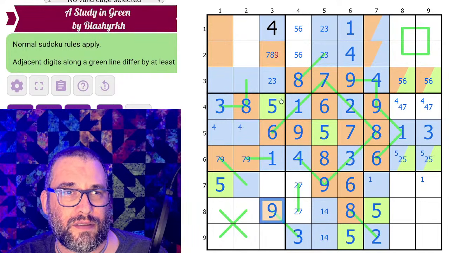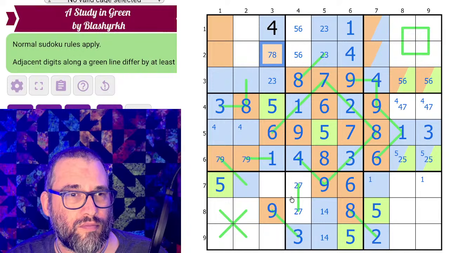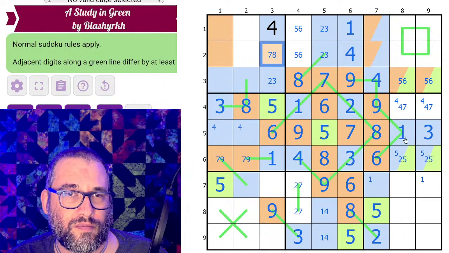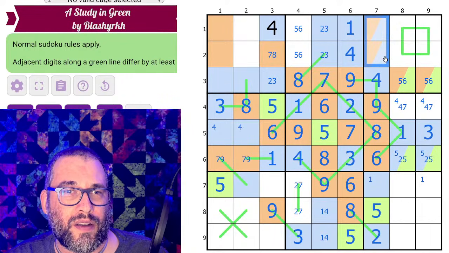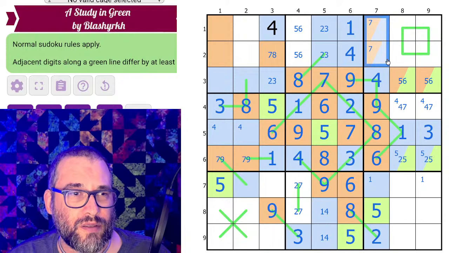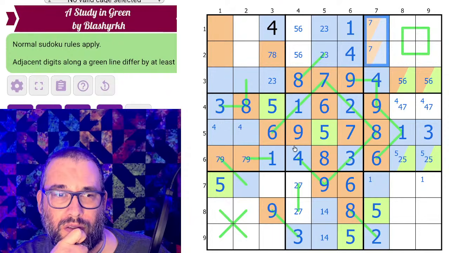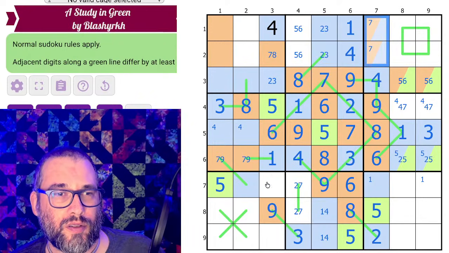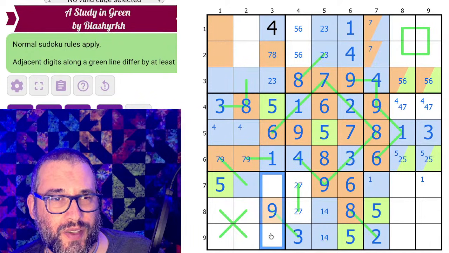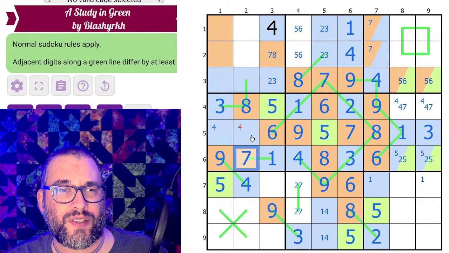That's a 9. 8, 9. Well, we knew one of these was 7 by column 7. 4 in box 7. 4 just goes here, so we get our 9 and our 7.